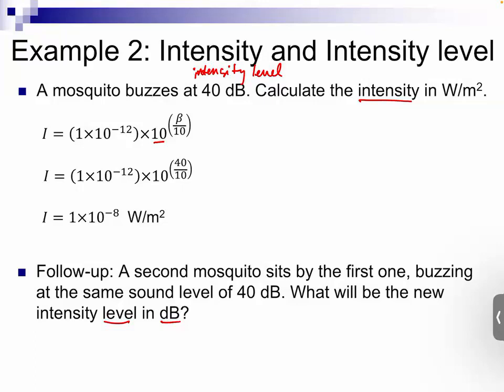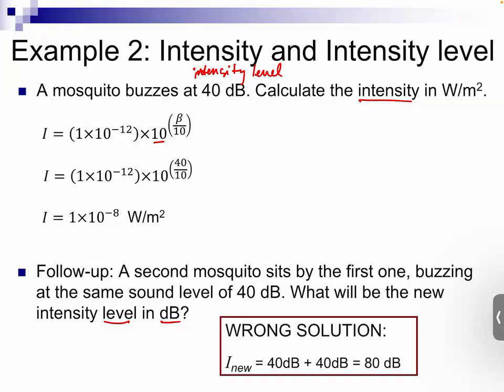It's very tempting to say that the new intensity level will be 80 decibels, because one mosquito buzzes at 40 decibels and the second also buzzes at 40 decibels. Therefore, the new intensity level would just be the sum, 80 decibels. But this is actually a wrong solution.